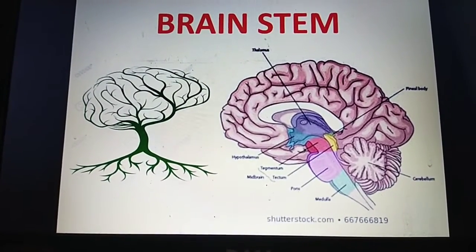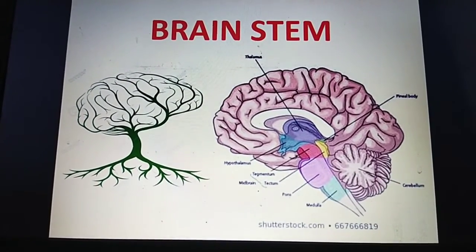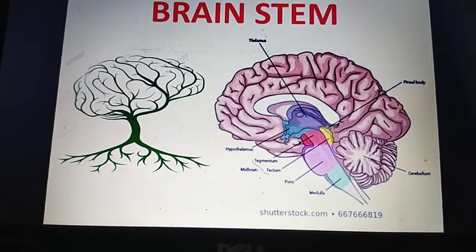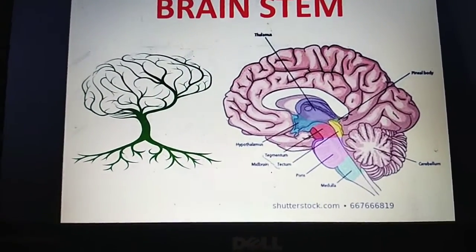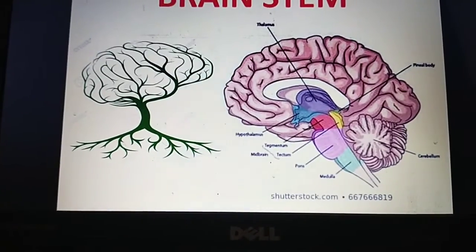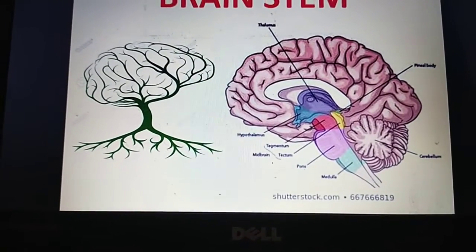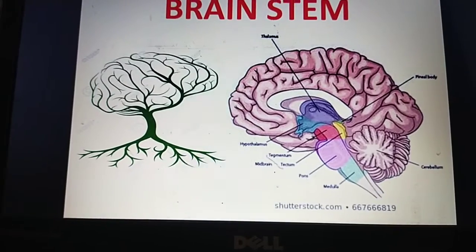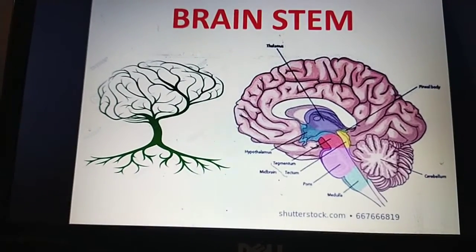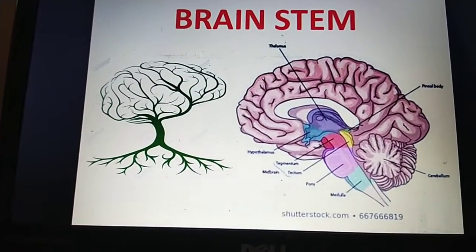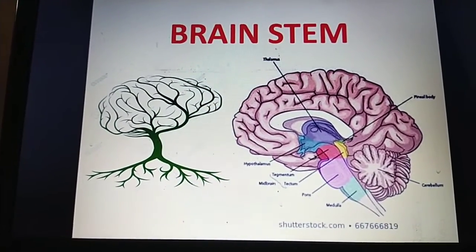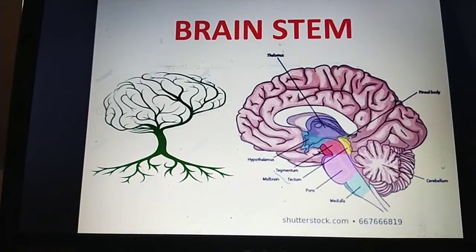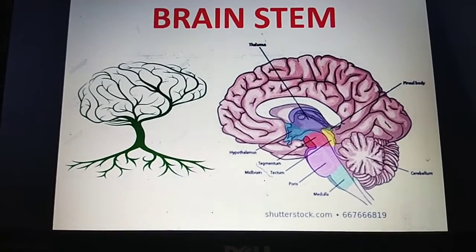One of the respiratory centers is present in this brain stem. They have unique anatomy, and they help the respiratory system, blood pressure, and several other important functions of the brain.